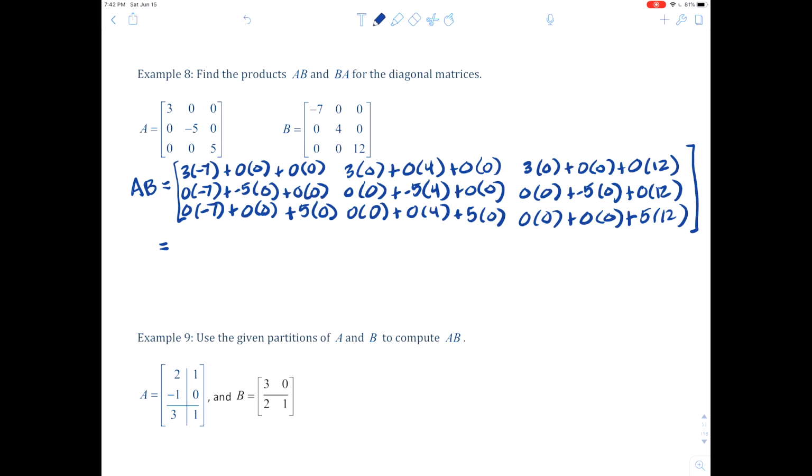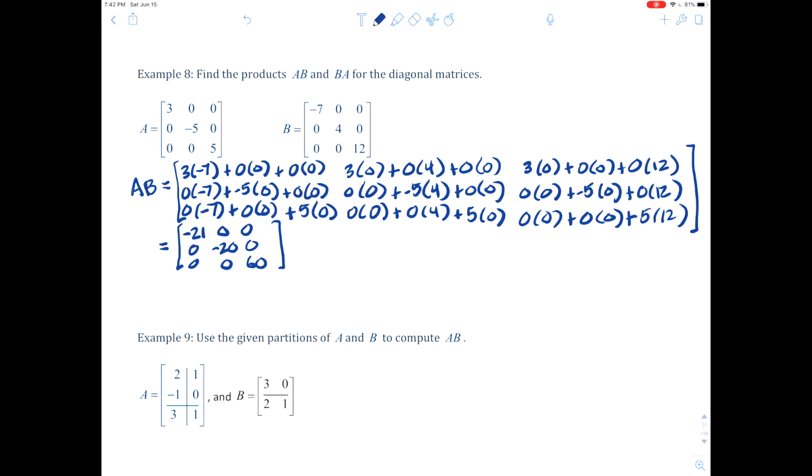Well, this is equal to negative 21, 0, 0, 0, negative 20, 0, and then 0, 0, 60. Pretty cool, huh?